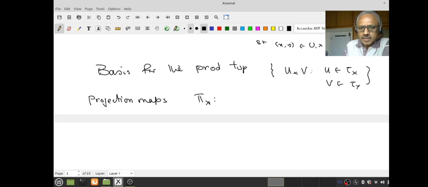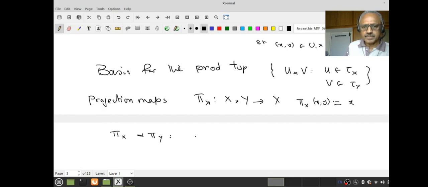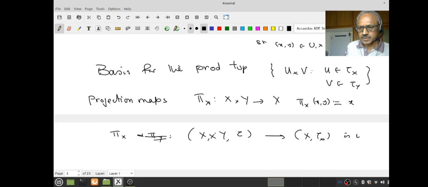Pi X from X cross Y to X. Pi X working on the ordered pair (x, y) is by definition the first coordinate. Similarly pi Y. Pi X from X cross Y with the product topology to X with tau X is continuous. Similarly pi Y.